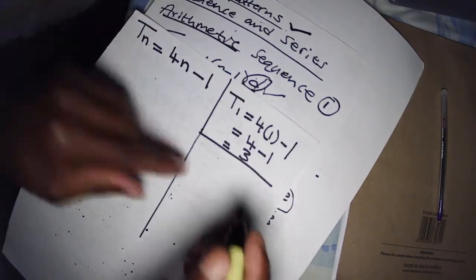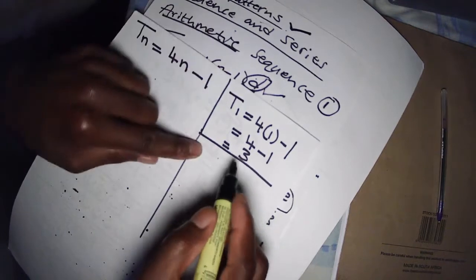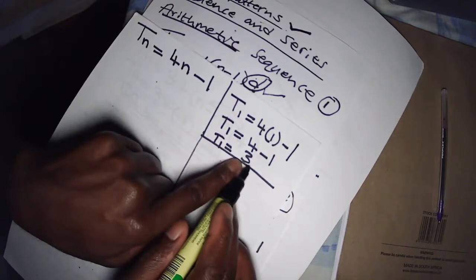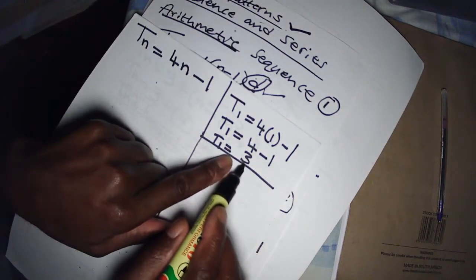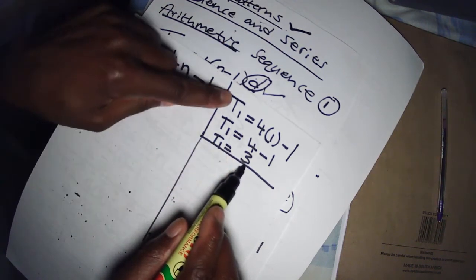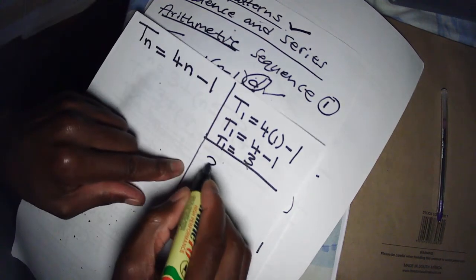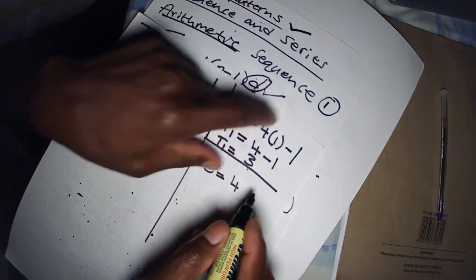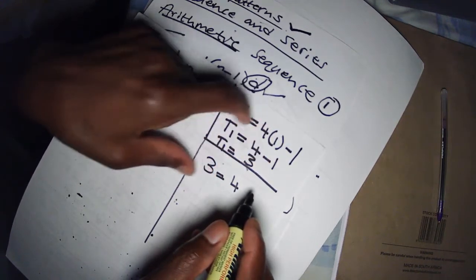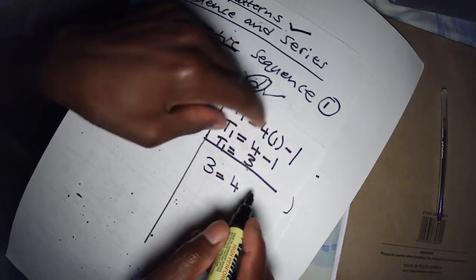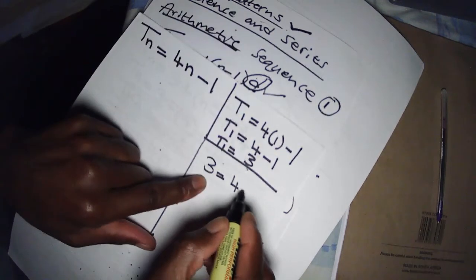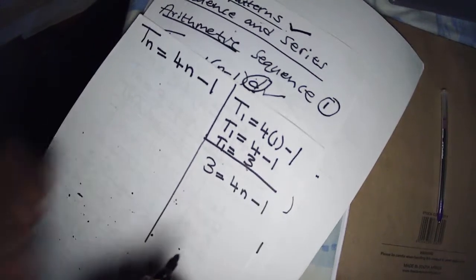All right, so I don't want to confuse you. You see that we can put t1 here. T1 is 3. So let us take it back. We take the 3, and sub it where it is t1. So 3 is equal to 4, but we don't sub n, right? Let's just say we do not know what term number is the 3, so we just leave it as it is like that.